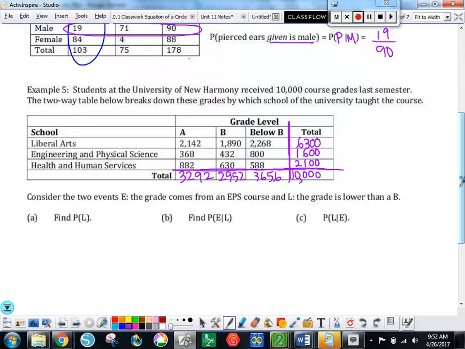So they have different schools inside of the big college. So then they break it down by the course and then different grades. So there's a lot of people that are liberal arts, not as many engineers.